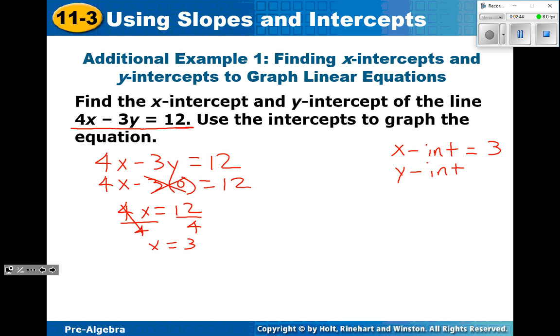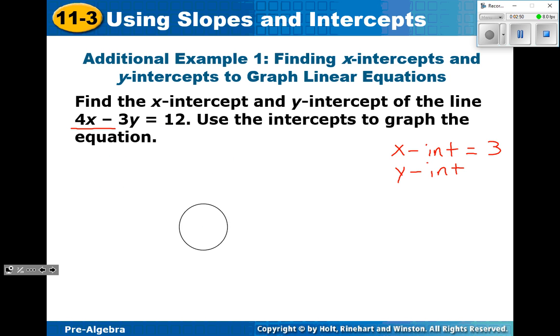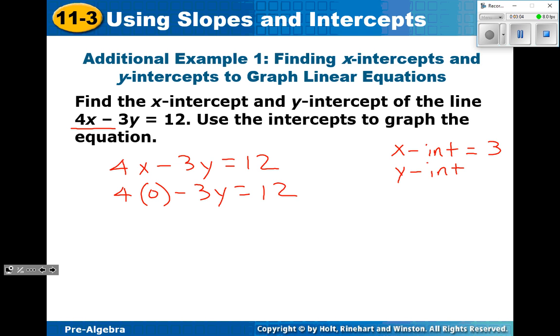Now, to find the y-intercept, you simply do the same thing, but plug in 0 for x. So we've got our equation, 4x minus 3y equals 12. This time we're going to plug in 0 for x. And again, anything multiplied by 0 is going to be 0, so that goes away.